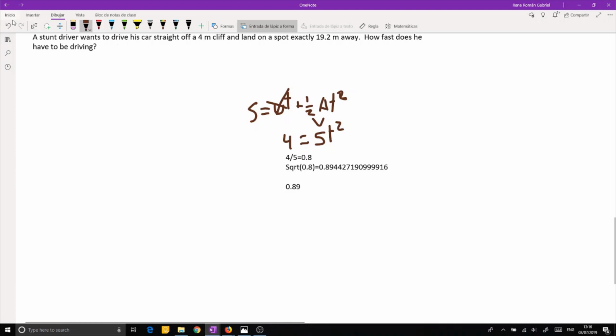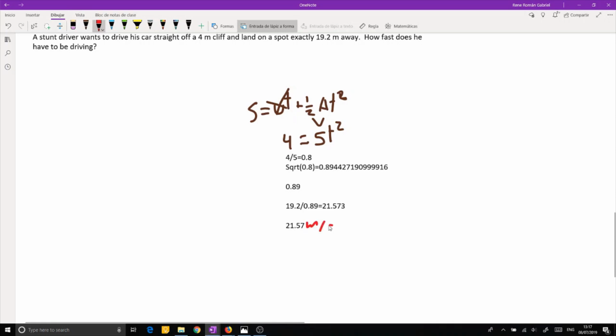Well, let's just use the computer. 19.2 divided by 0.89 equals 21.573. So, well, let's round this up. Now put that. And since they asked us for velocity, it would be meters per second.